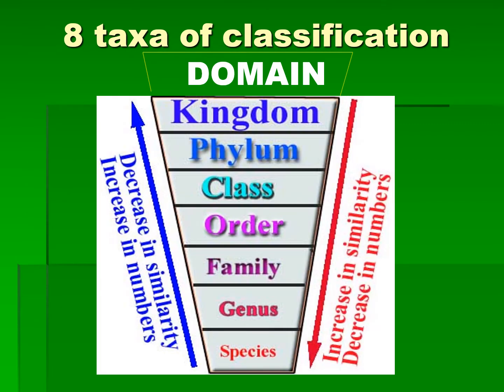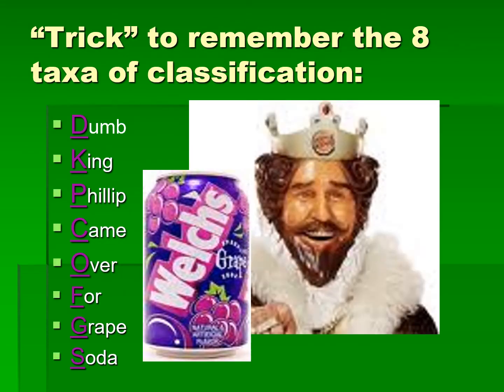The domain is your largest category. And then as you go down, you increase in similarity and decrease in numbers. As you go up, you decrease in similarity, but increase in the numbers. So two things can belong to the same class that are very different from each other. But two things that are in the same genus are going to be very similar to each other, right?